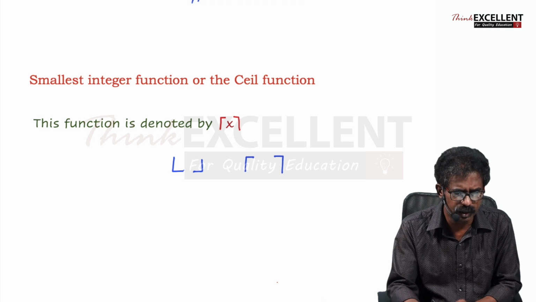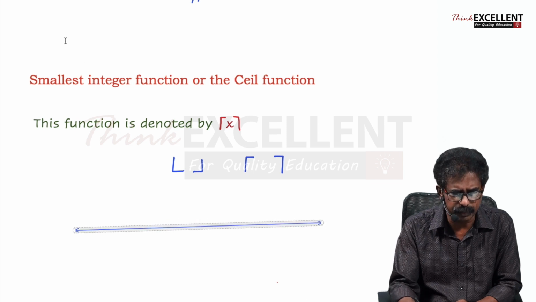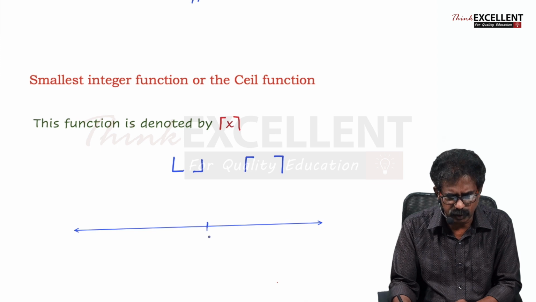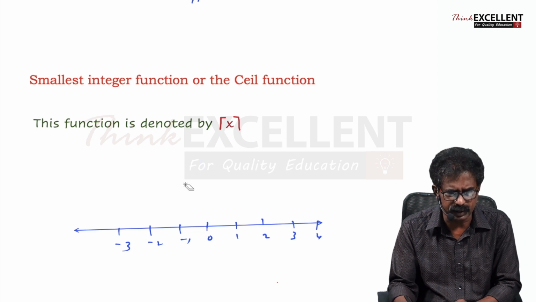Okay, so we take a number line. Say this is a number line. I'm taking some elements, say 0, 1, 2, 3, 4, and here minus 1, minus 2, minus 3, etc. I want the smallest integer, right?